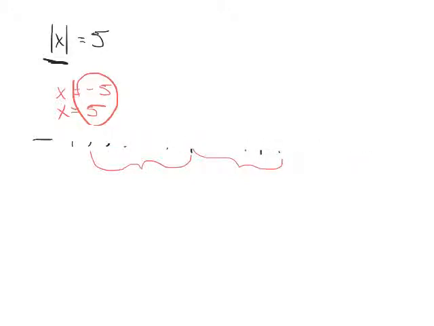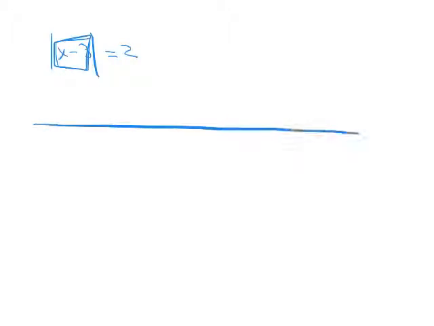Okay, so knowing all that, let's look at an example here. Another example. Let's look particularly at the absolute value of x minus 3. This is example 5b, equals 2. Okay, so what that's telling me is that x minus 3 has to be a distance of 2 from 0 on the number line.